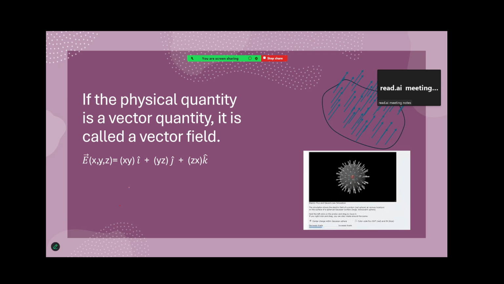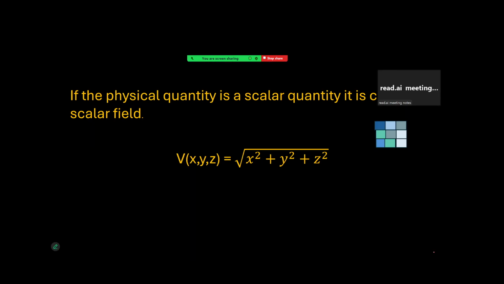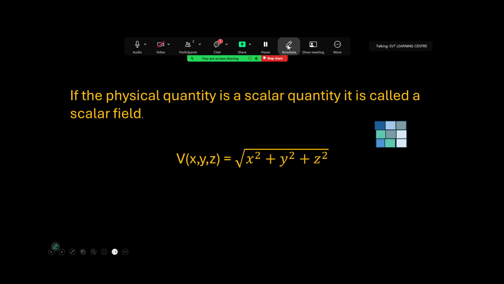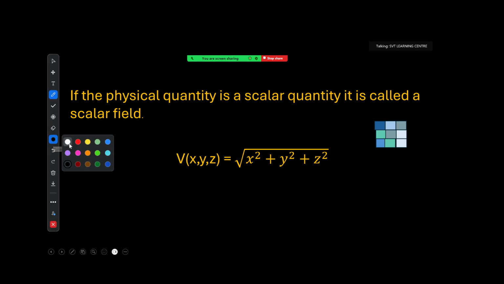Once again, let's look at the next example. Now the physical quantity that we are talking about here is a scalar quantity, correct? So it's called a scalar field, as you can see over here. Let's again look at some examples.